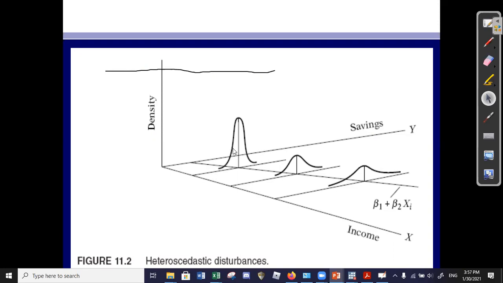So heteroscedasticity, which is the opposite of homoscedasticity, refers to the situation where the variance of the disturbance term and ultimately the variance of the dependent variable actually increases or decreases. It does not remain the same. One thing that I would like to quickly tell you so that you have a little bit of an idea.